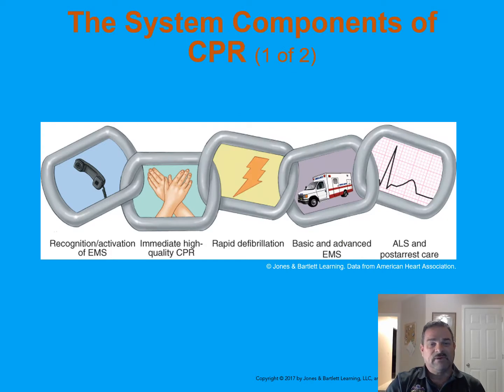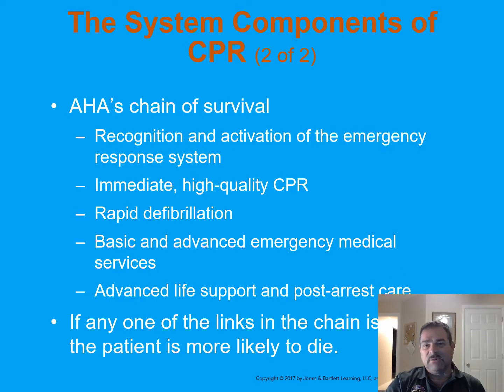This is the chain of survival: recognition and activation of EMS, and then immediate high-quality CPR, rapid defibrillation, basic and advanced EMS applications, and then post-arrest ALS care. The system components of CPR include the chain of survival, which is established by the American Heart Association.